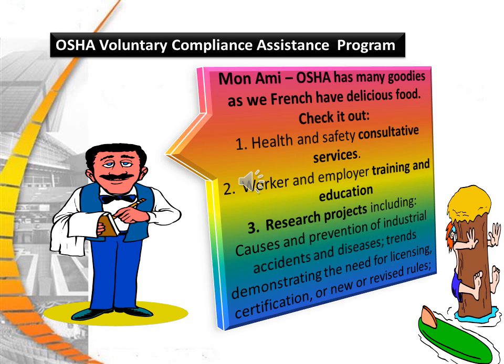OSHA will provide health and safety consultative services, worker and employer training and education, research projects including causes and prevention of industrial accidents and diseases, and trends demonstrating the need for licensing, certification, or new or revised rules.